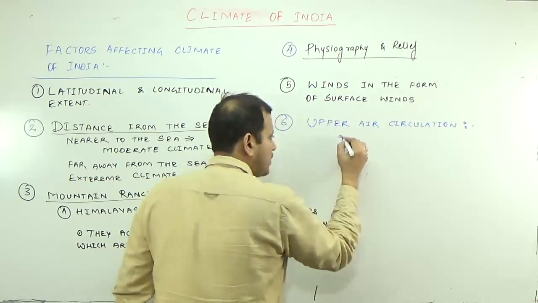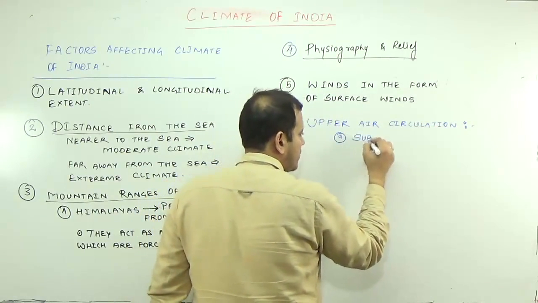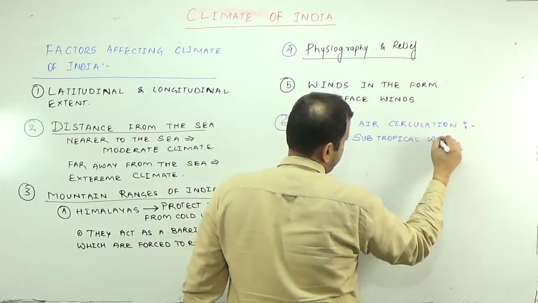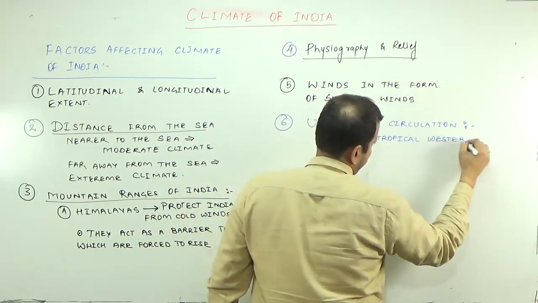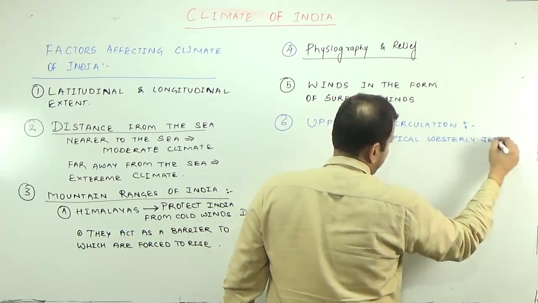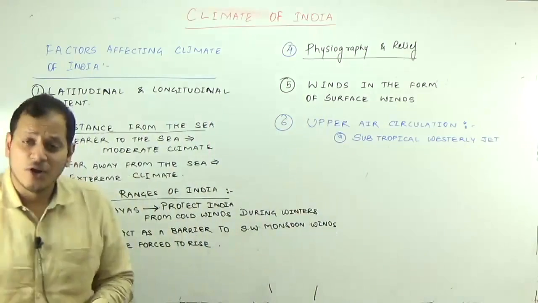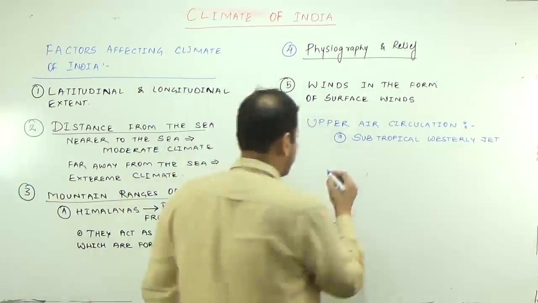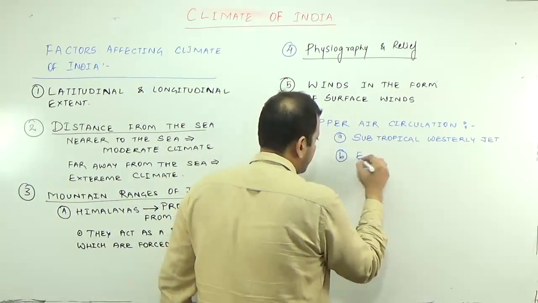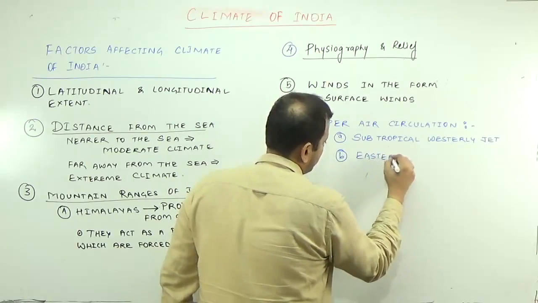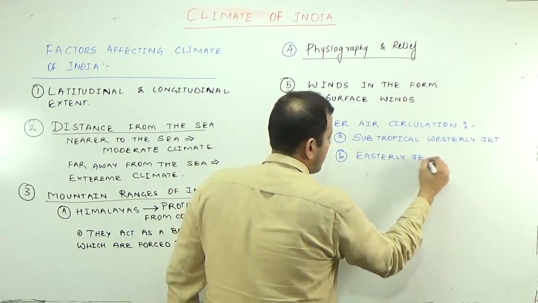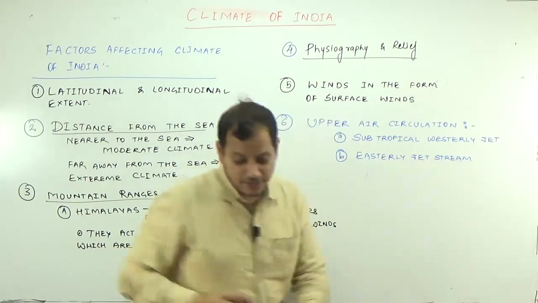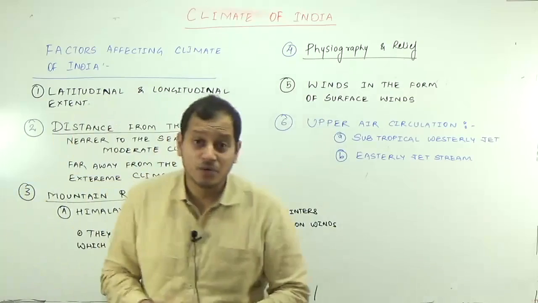We have the subtropical westerly jet stream, which you can write even as just a jet or jet stream in the examination, and we have the easterly jet stream which comes over India.